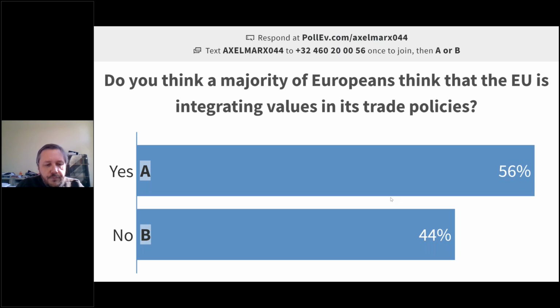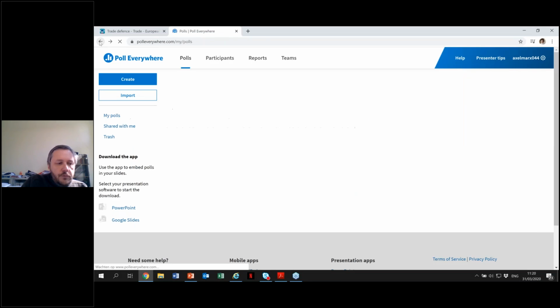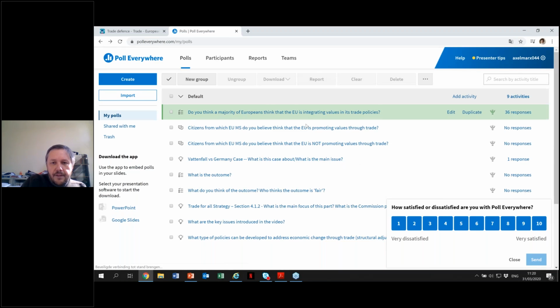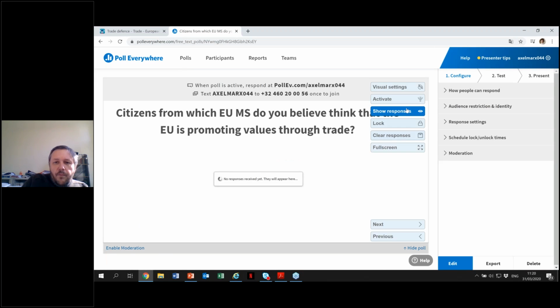But before we do that, I have a second question for you. As you might expect, there might actually be quite a bit of variation between what citizens from different EU member states think, so you have to give the name of an EU country, EU member state.